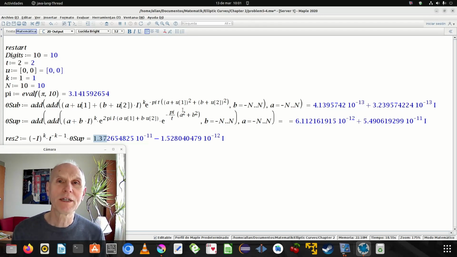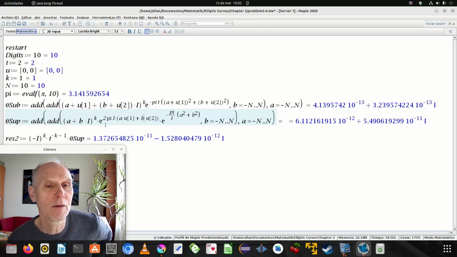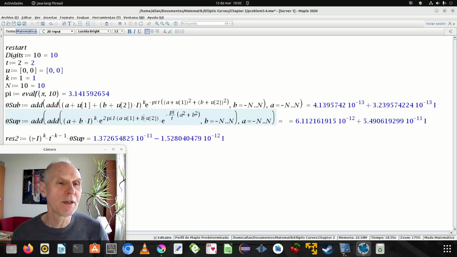So now I went into a rabbit hole trying to find out why it didn't hold when u was naught. I also realized when u is naught, then the two expressions are identical. So it's the same sum. So how on earth does it come about that one could be minus the imaginary unit times the other one?